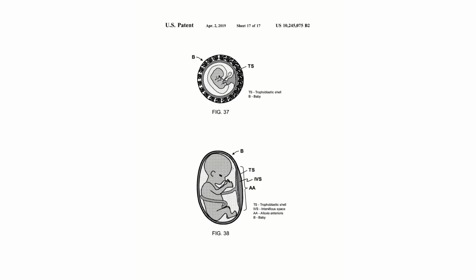This is an older baby, and what will happen is that posterior chorionic villi will get scrunched between the trophoblastic shell and the chorion, and then the anterior chorionic villi will form the placental disc.